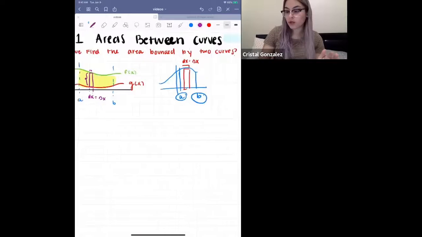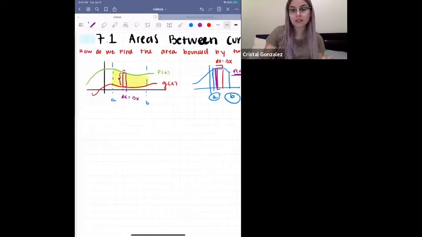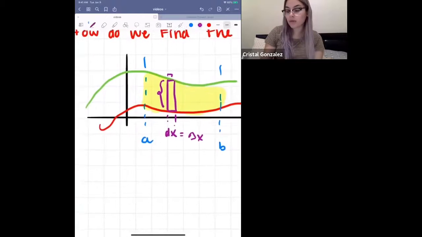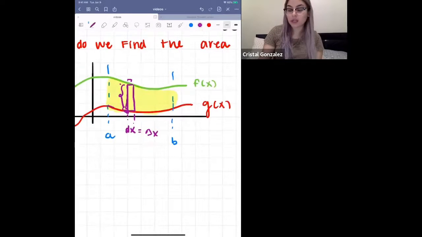Before, we integrated with respect to whatever variable because the height of the rectangle depended on how high we were in the function. Here, that's not necessarily the case because we have a bottom function and a top function. The height of this rectangle is the difference between the function g of x and the function f of x.